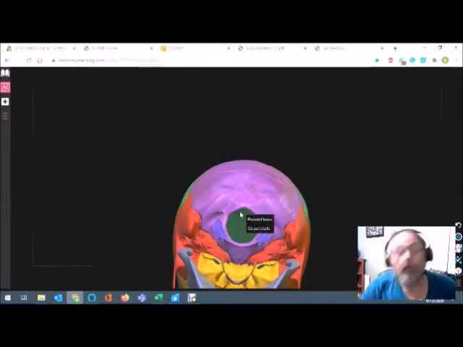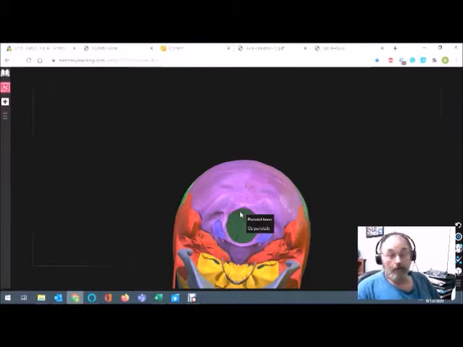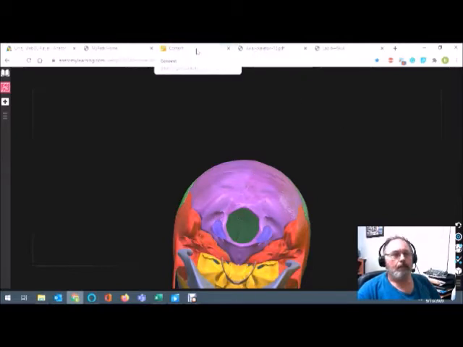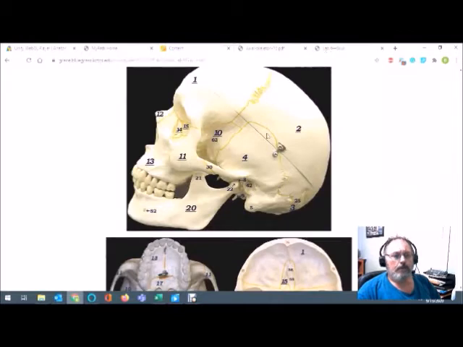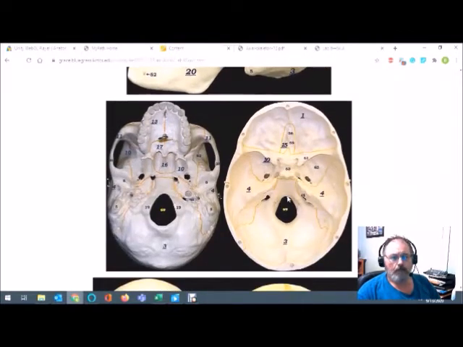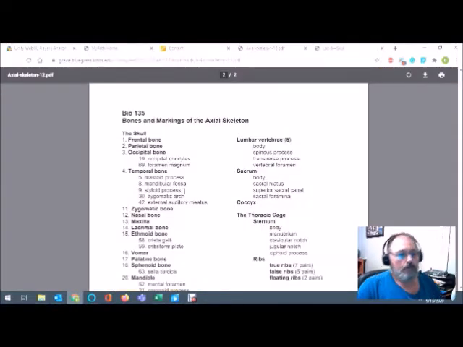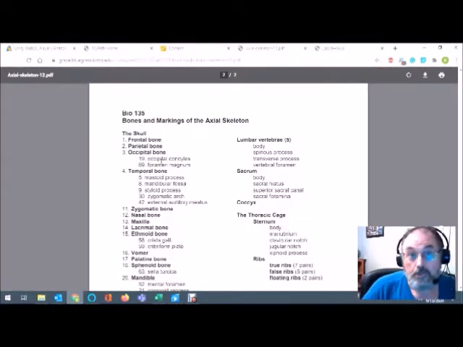Foramen is an opening, magnum is a big something, so the foramen magnum is the big opening in the base of the skull. And again, you can see that number, foramen magnum, and the occipital condyles located here. So those are our major structures on the occipital bone.